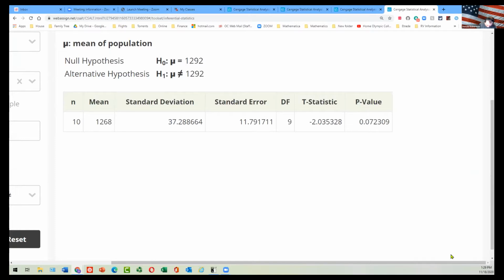And in this case, it's a negative 2.03 for the T, and it's a 0.07 for the P value.